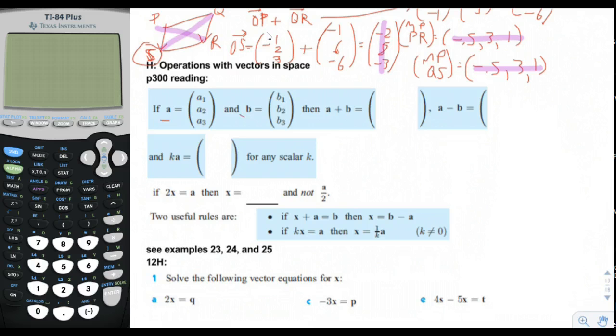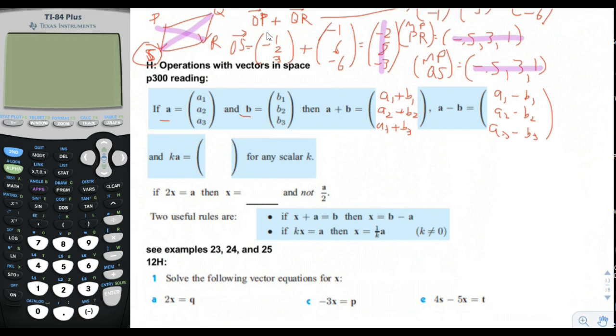Vector A, vector B. If we add the two vectors, then what we are going to get is A1 plus B1 for the I direction, A2 plus B2 in the J direction, and A3 plus B3 in the K direction. What if we subtracted A minus B? Then it would be A1 minus B1, A2 minus B2, A3 minus B3.